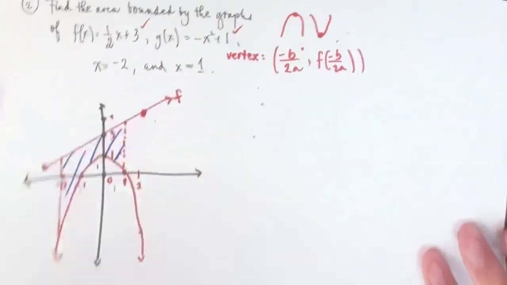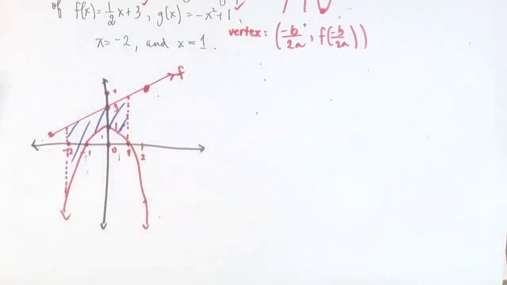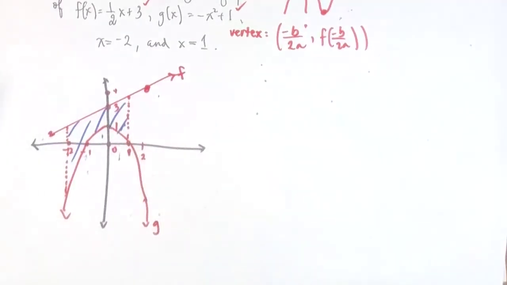Then of course from here it's very obvious what the function above is and what the function below is. Now, is there a way to do this computationally? The answer is yes.